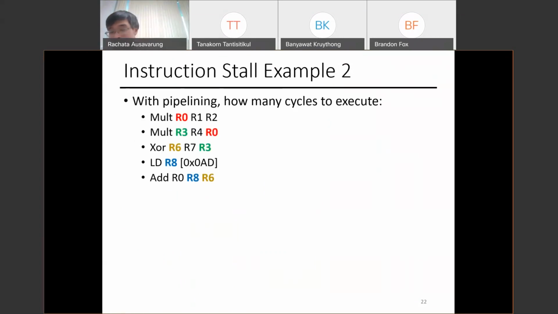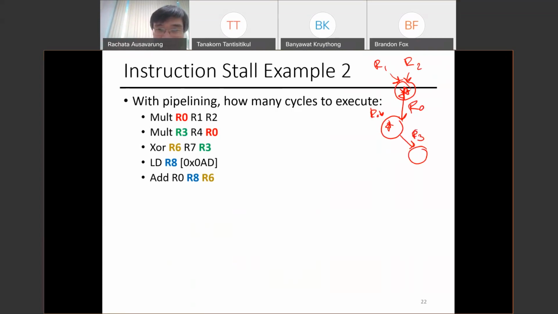Yes, it uses the same register from a different instruction. In fact, if you draw this in data flow, this is what happened, right? You have R1 and R2, they get multiplied into R0. This R0 gets multiplied again with R4, and then the result is R3.